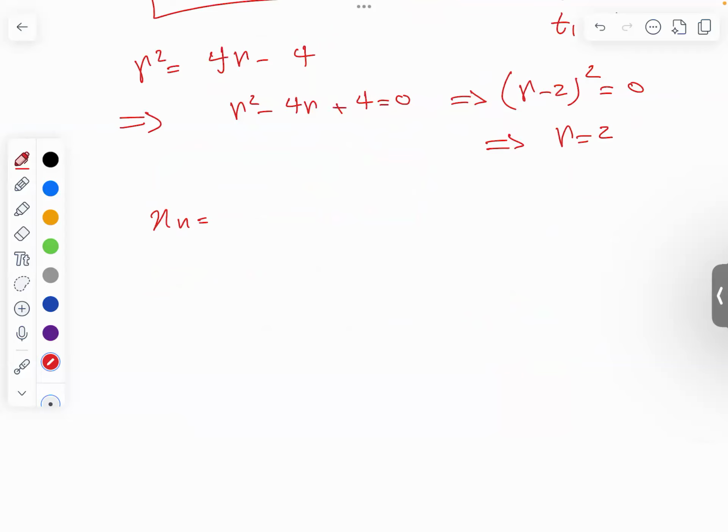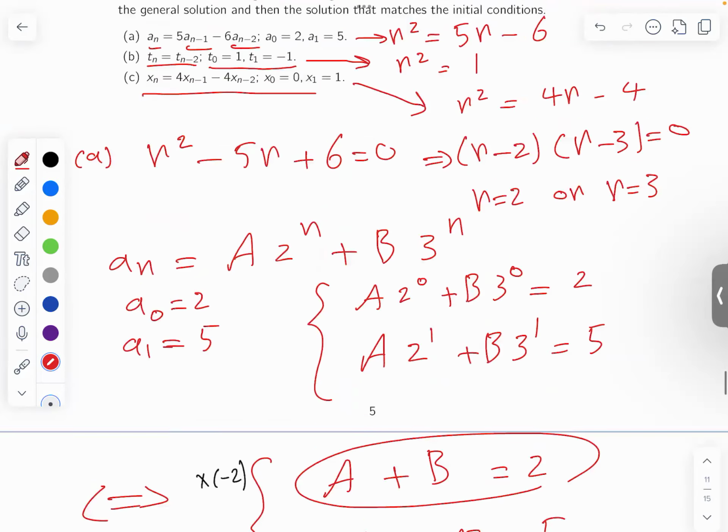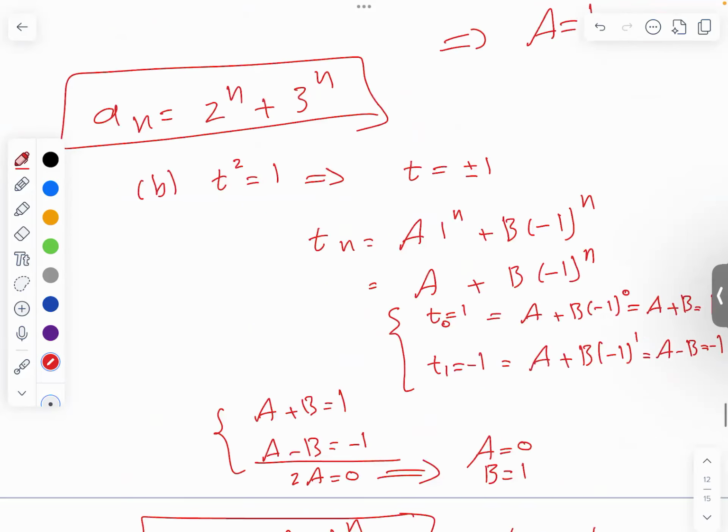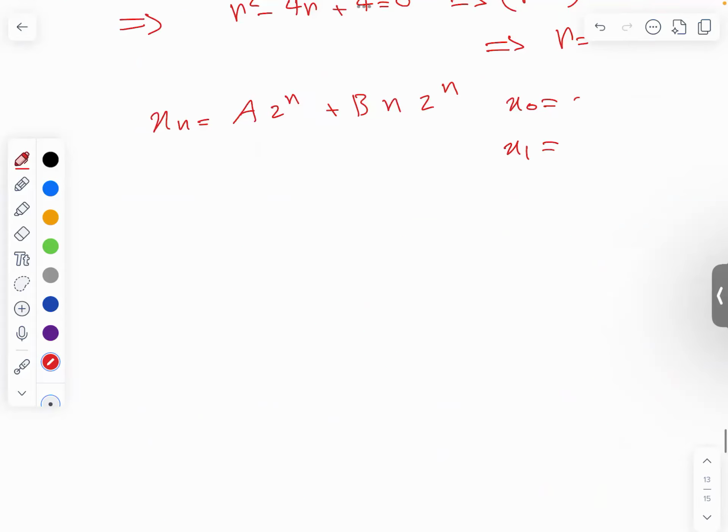Xn equals A times 2 power n plus B n 2 power n. Initial conditions x0, x1, what were they? 0, 1. So let's use these two initial conditions.